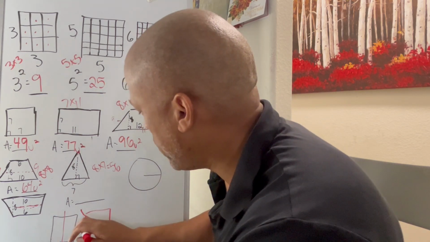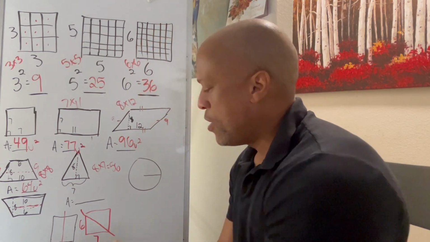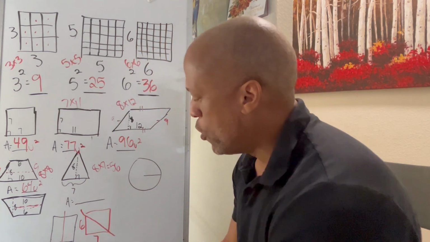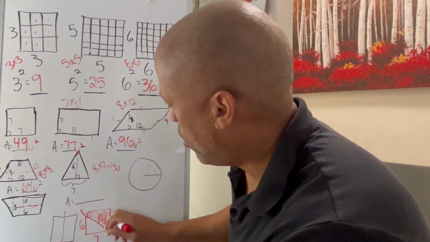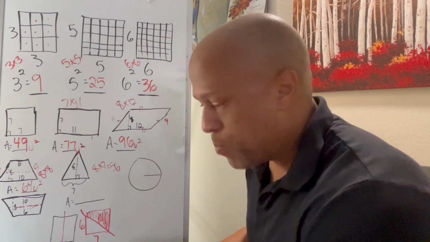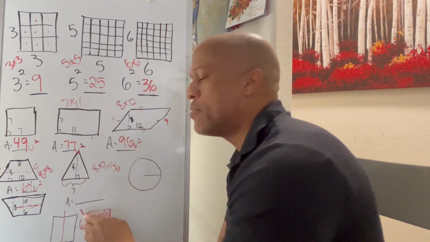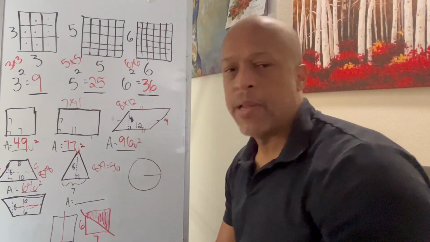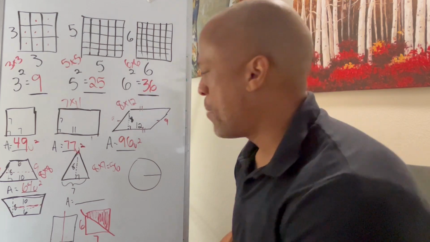So here, if this was a 6 by 7, let's say, and the whole area is 42, what would the area of just the triangle be? Well, if this is half, it would be half of that. So triangles, we always do the same thing, base times height, but then we chop them in half. And yes, I like to give them that physical representation, chopping them in half.